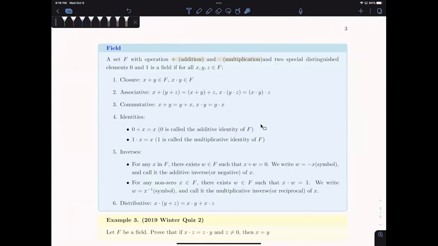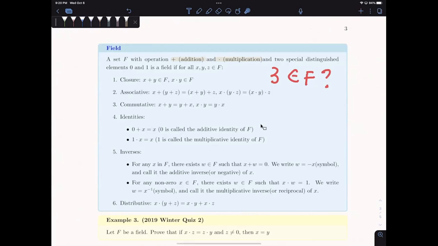Using a number field as an example for closure, if you know 1 is in the field, this implies 1 plus 1 is also in the field. And if you keep adding 1, you can get all the integers. So for example, if they ask you, is 3 in the field?